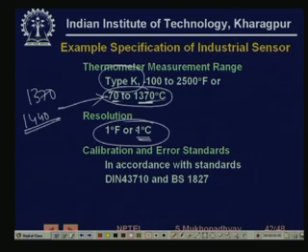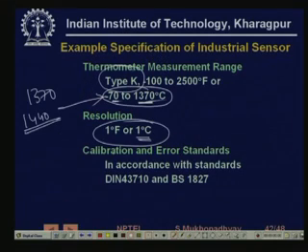Here it is stated as 1 degree centigrade. So, the minimum change that can be detected by the sensor is 1 degree centigrade. Calibration error standard: all these specifications are with respect to a certain standard. DIN is the German standard, BS is the British standard.